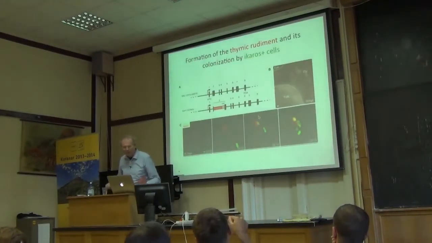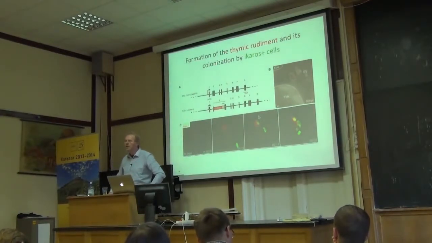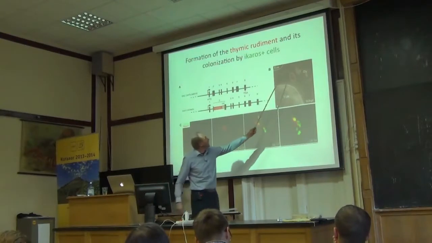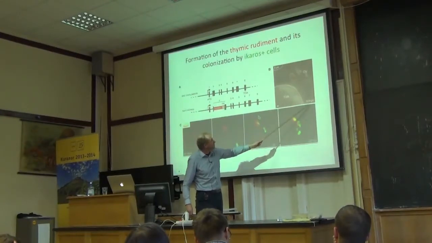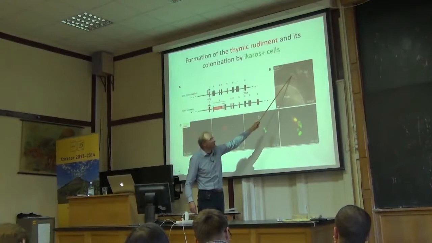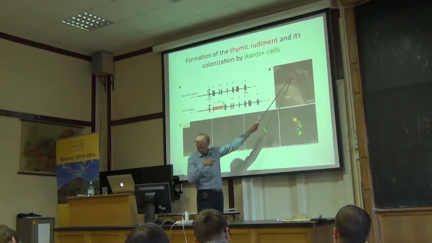Now I'm revealing the secret of why the thymic rudiment is red in the developing zebrafish. You can see that here. This is a zebrafish embryo at 50 hours after fertilization, and you see these two cells that you saw before.